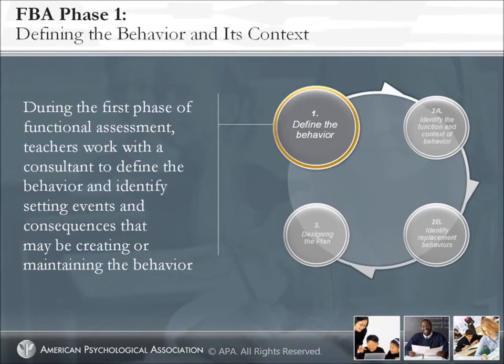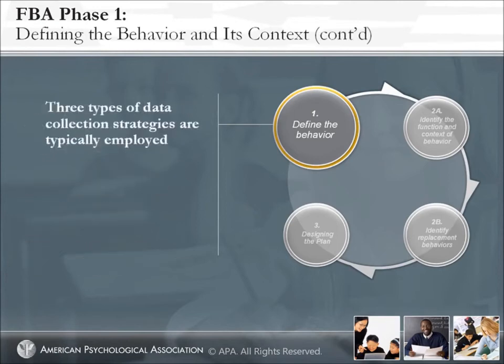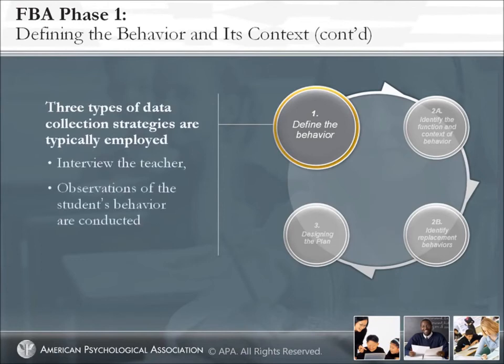First, the school psychologist or consultant will interview the teacher to gain a better sense of the behavior and its context. Observations of the student's behavior are conducted, often by the psychologist or consultant, but teachers may also wish to write down their own observations.